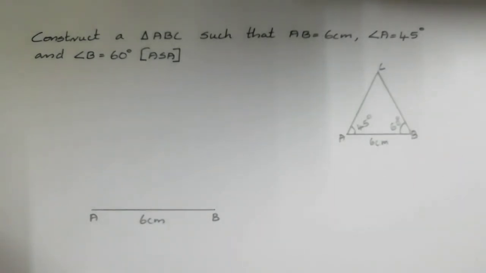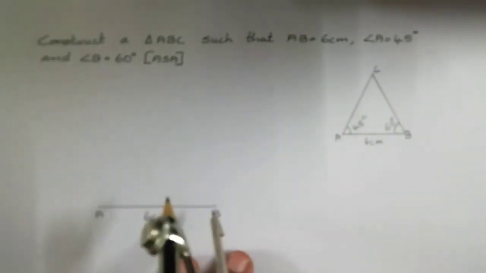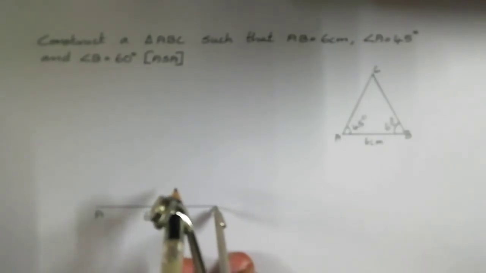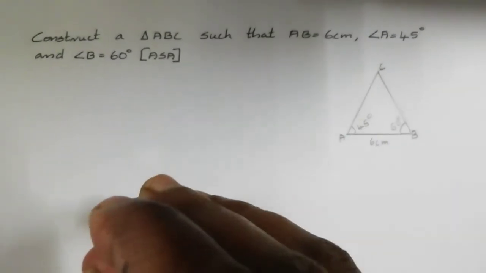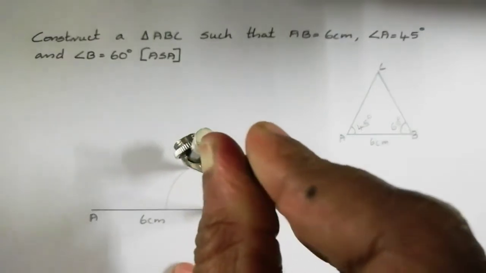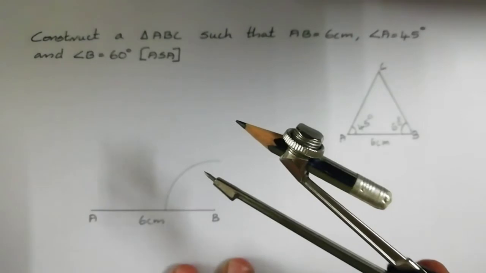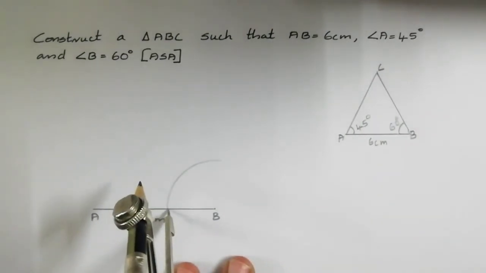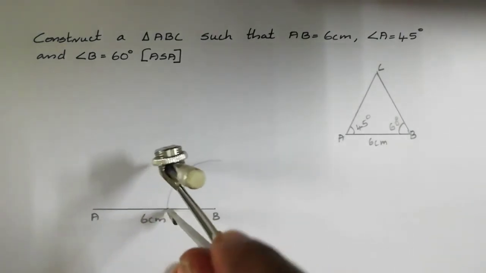Next, angle B equal to 60 degree. Then with B as center, draw an arc of any radius. Then with this point as center, with the same radius, draw another arc to cut the first arc.